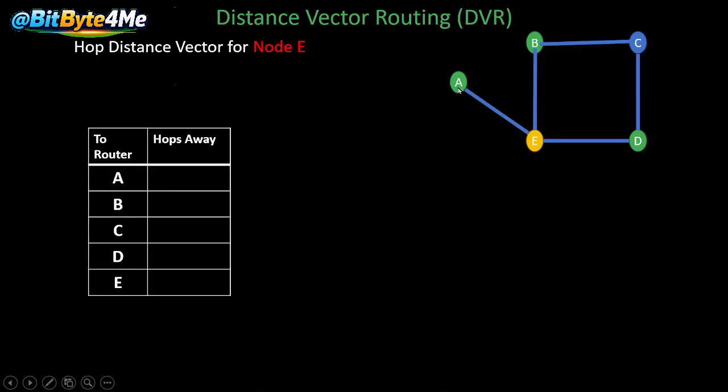E to A is one hop away, E to B is one hop away, and E to D is one hop away. E to C is not directly connected, so we will write infinite. E to E is the same node, so it's 0. So this is the hop distance vector for node E.